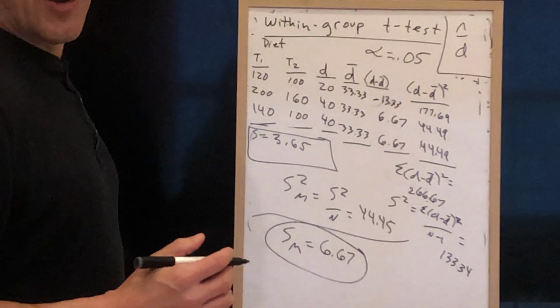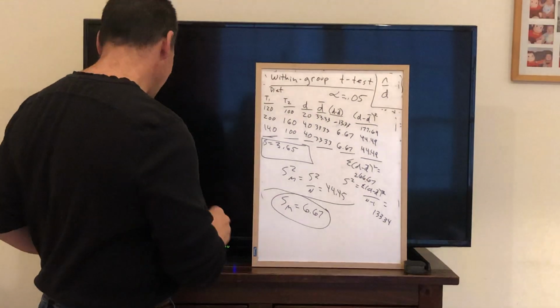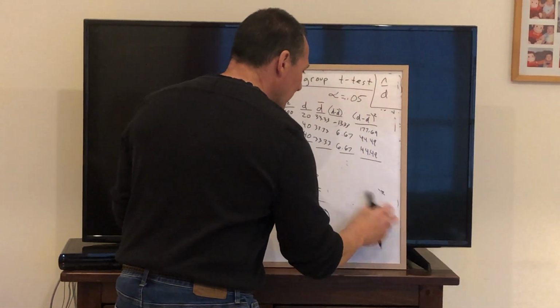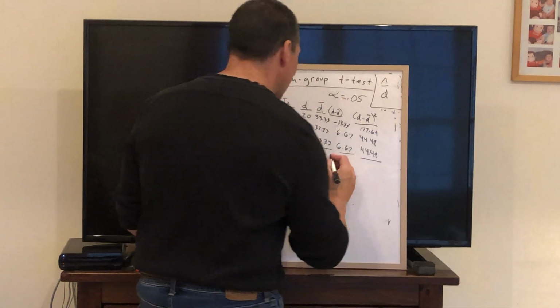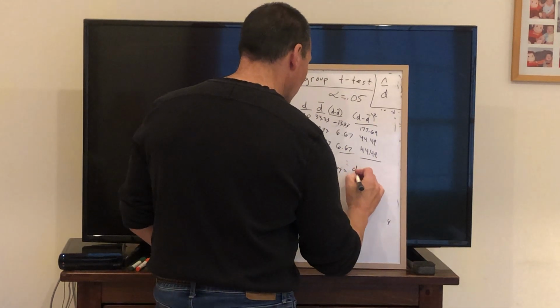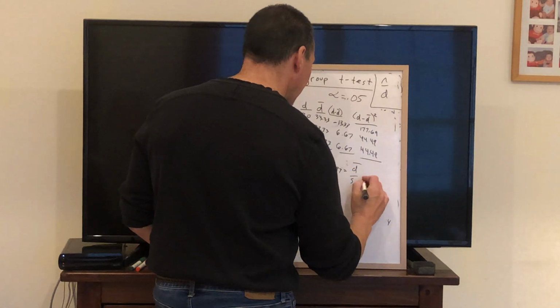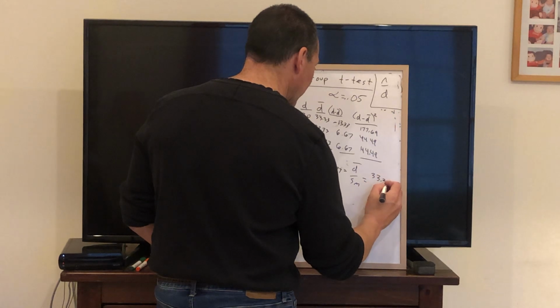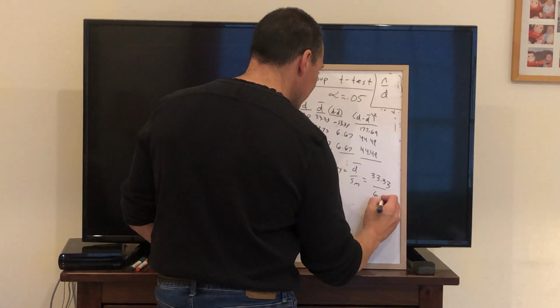Ooh, so that was a long haul. But let's take a look over here. You remember that t obtained equals D bar over S sub M, which is 33.33 divided by 6.67.